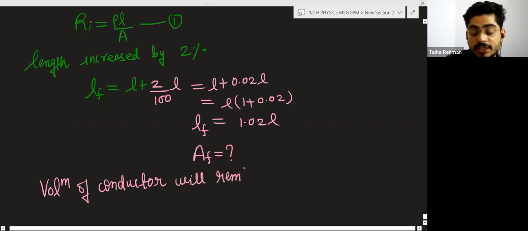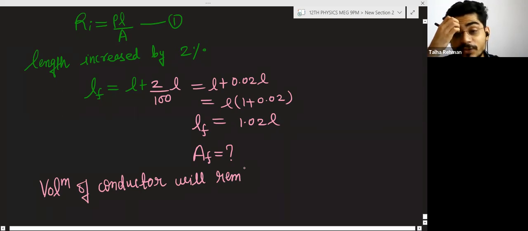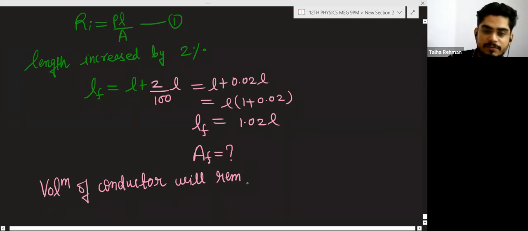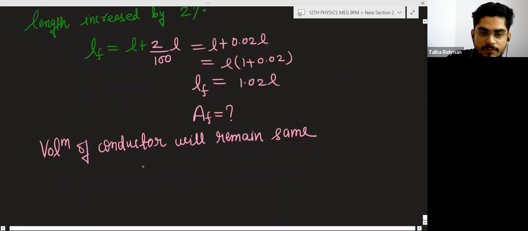There will be no change in the volume of the conductor or wire. So volume initial is equal to volume final.